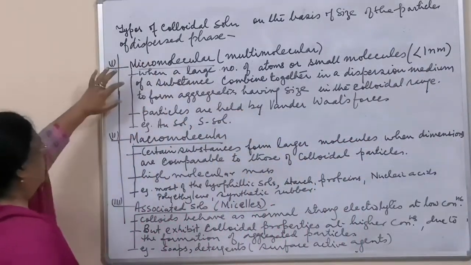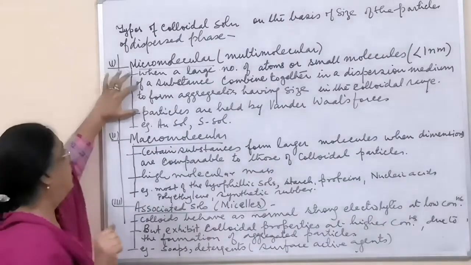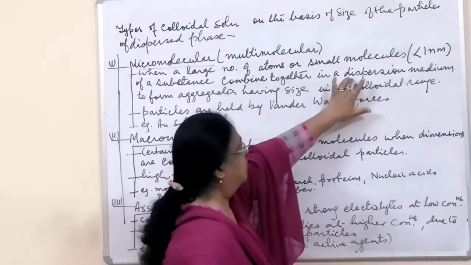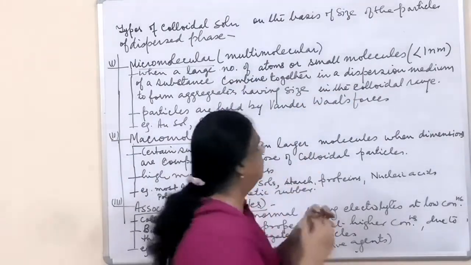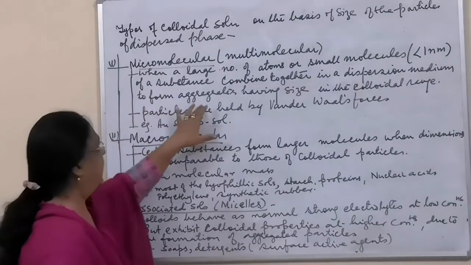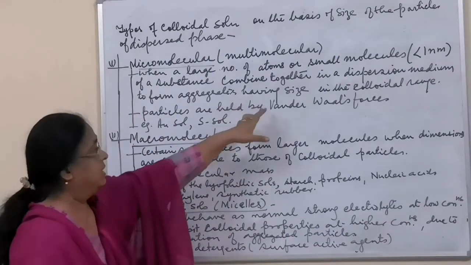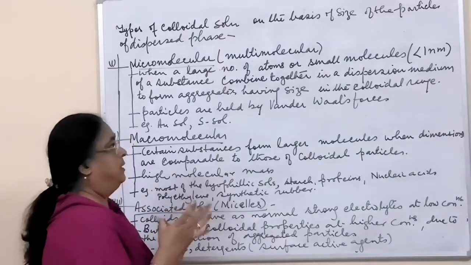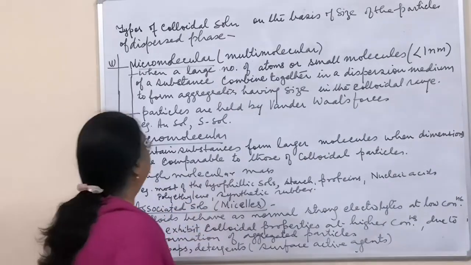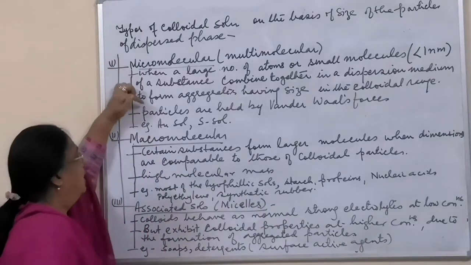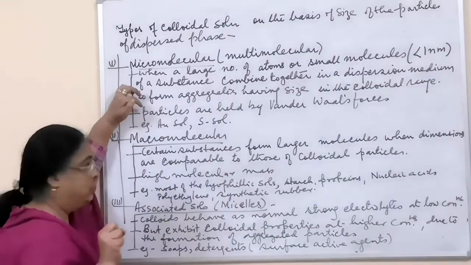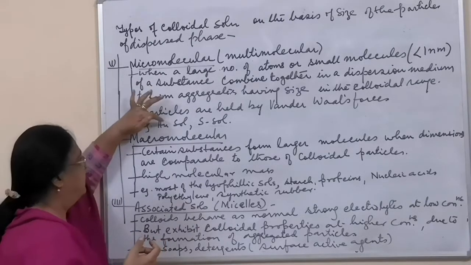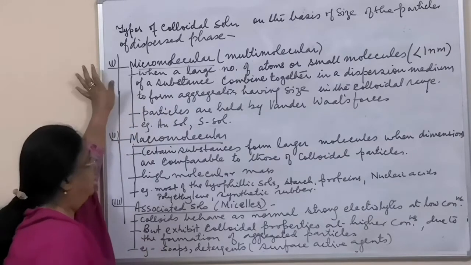So if they have that small size, they combine together in the dispersion medium, in the solvent; small particles gather together and form aggregates, a bigger particle having size in the colloidal range. So small particles uniting together, forming a little bigger particle, is the micromolecular sol. And these particles are gathered by means of van der Waals forces. Examples: gold sol, sulfur sol, etc.